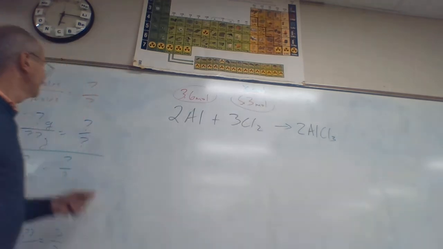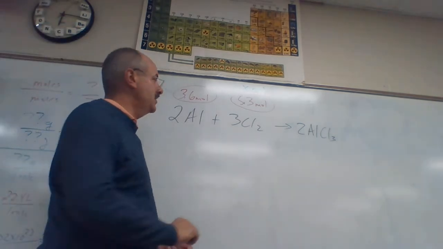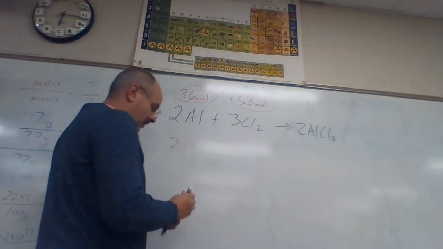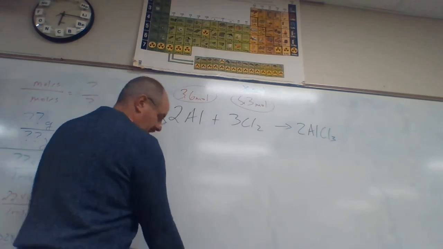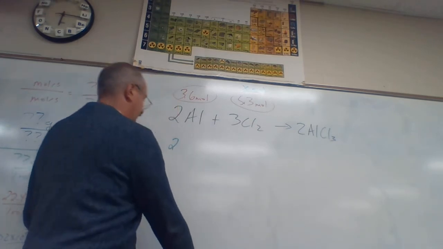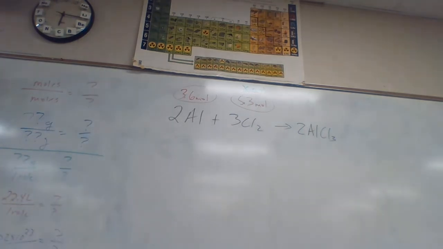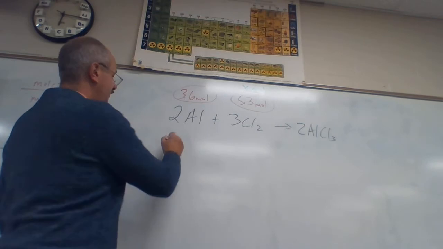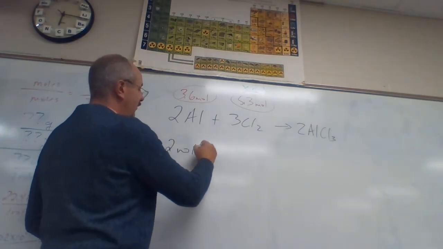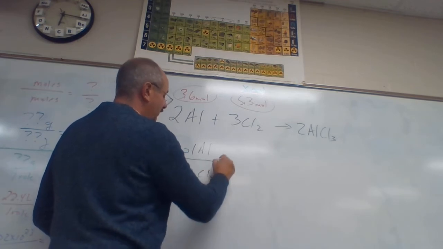So according to that, we're doing this very first equation thing, which means we got to look at the balanced equation. So from the balanced equation, 2 moles of Al combines with 3 moles of Cl2.